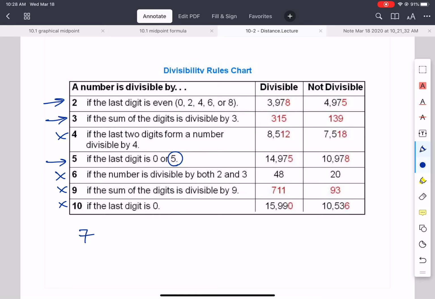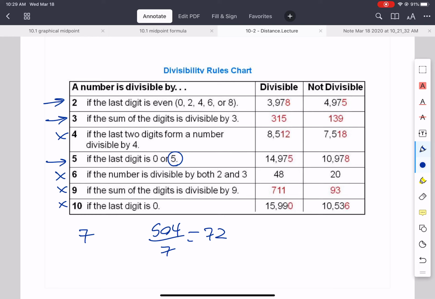So if you don't have a rule, like we don't for 7, or if you don't remember the rule, just plug it in. If you've got, I don't know, 504, if you divide that by 7, it equals 72. So it works.